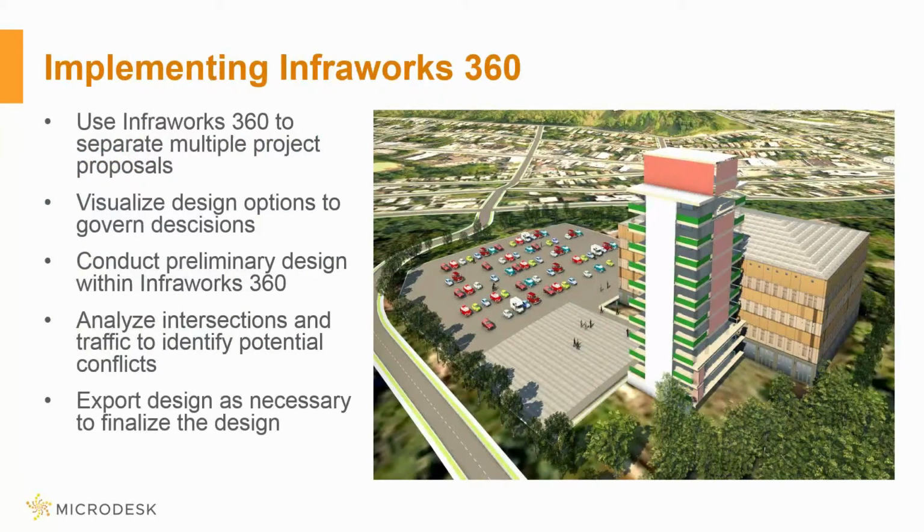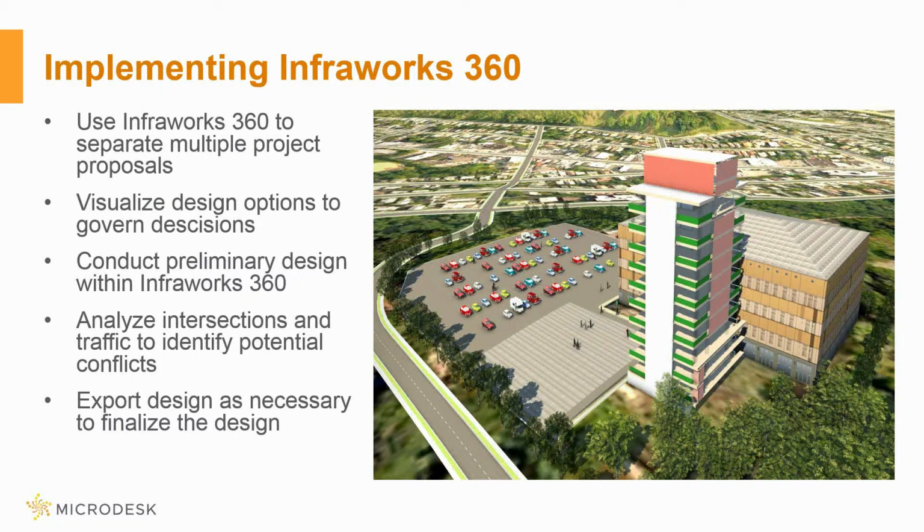Okay, so how do we implement InfraWorks 360? There's an Autodesk Roads and Highways module that helps civil engineering professionals working on transportation projects explore preliminary design options and optimize project performance by more efficiently and effectively engineering roadway geometry in the context of the existing environment.